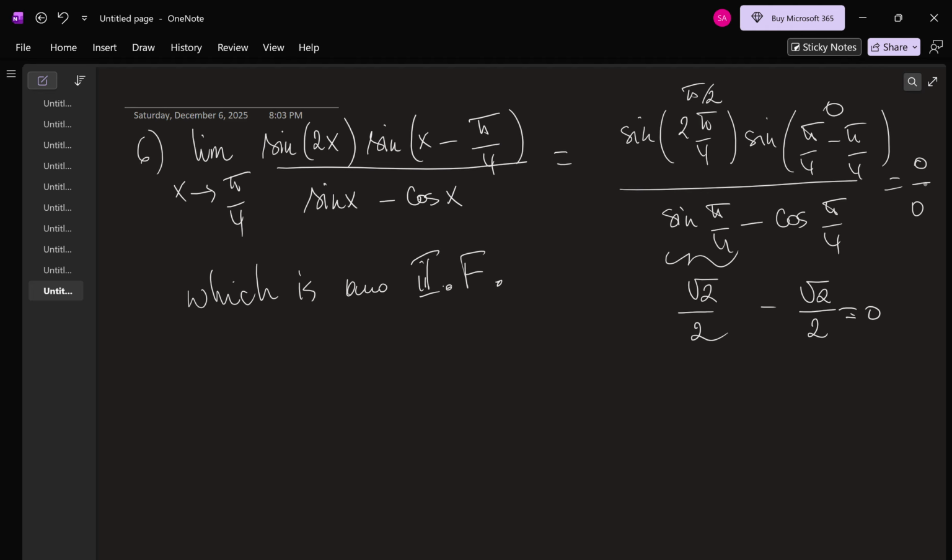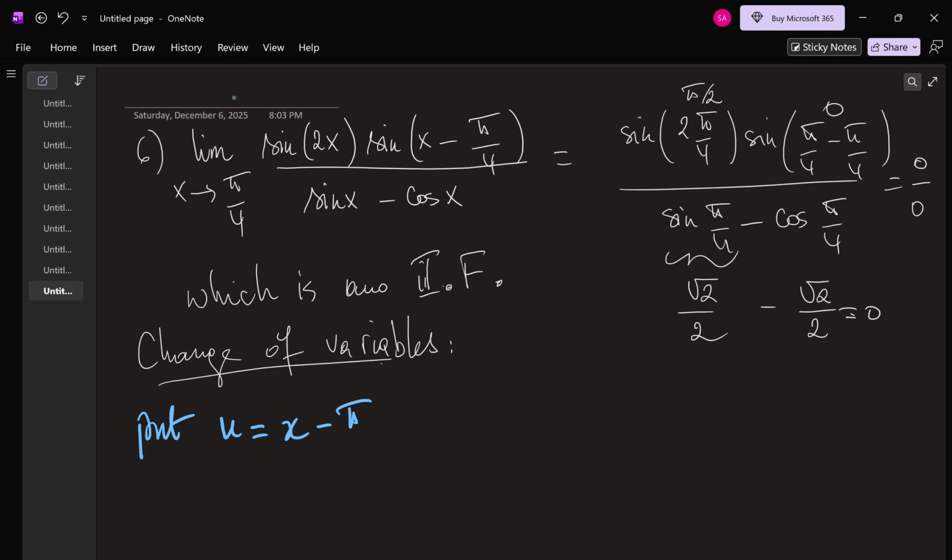So how to solve this? We will simply use the change of variables. Instead of x, we will use u equal to x minus pi over 4.